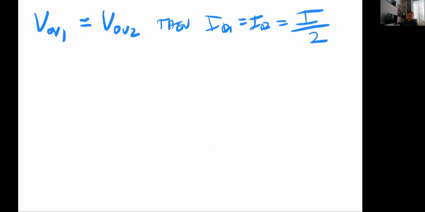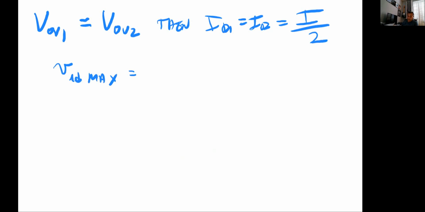Then the question is, what is the maximum differential input voltage that we can have in the linear region, so we can figure out what is the dynamic range of this differential amplifier? So what is VID max?